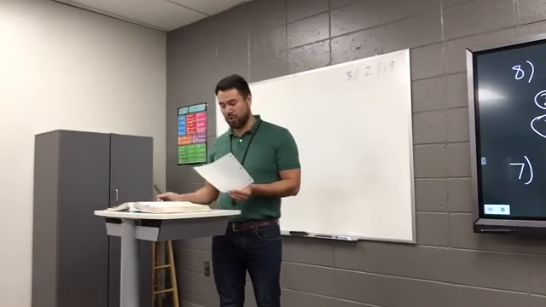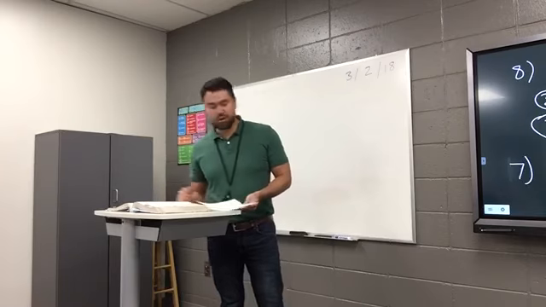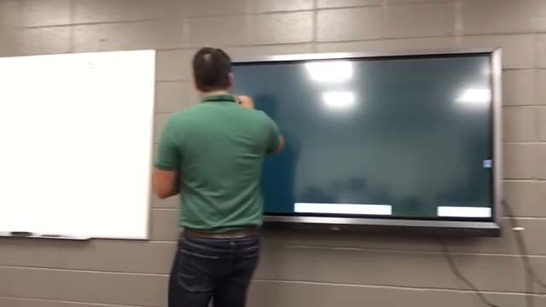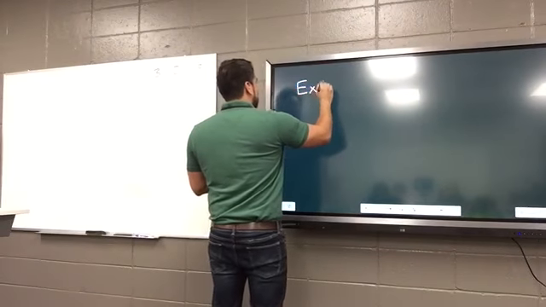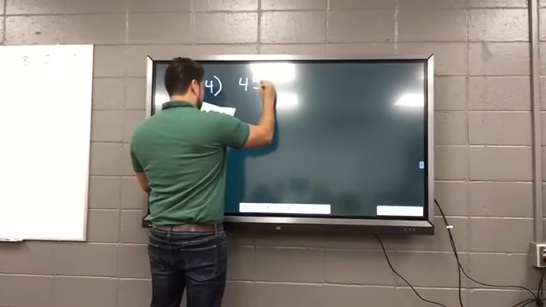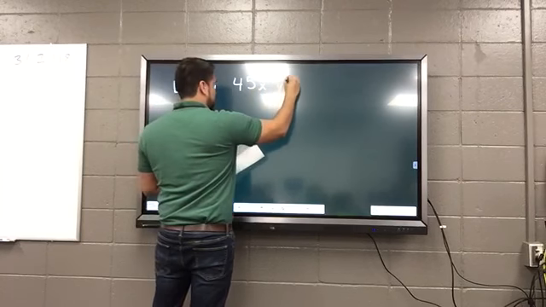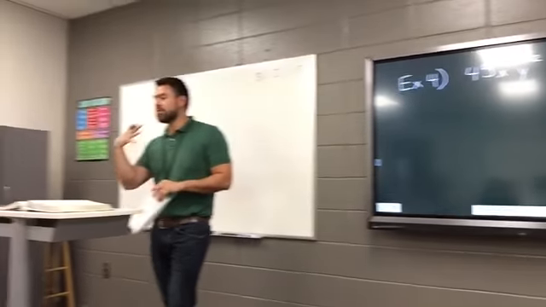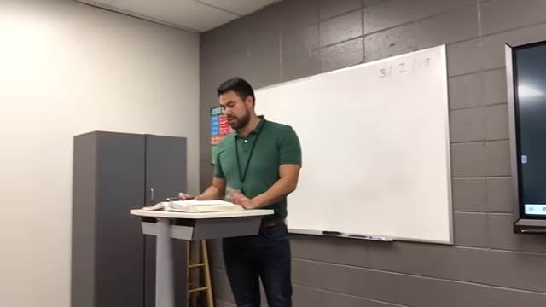Example number 4. Now we're going to look at monomials and see if we can factor those. Is that even possible? A monomial? 45x cubed y squared. All right, listen up, please, because this is getting to almost the very last part of what you're doing in this lesson.